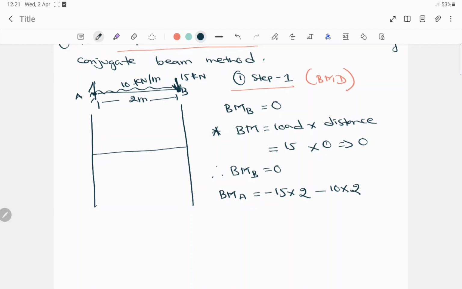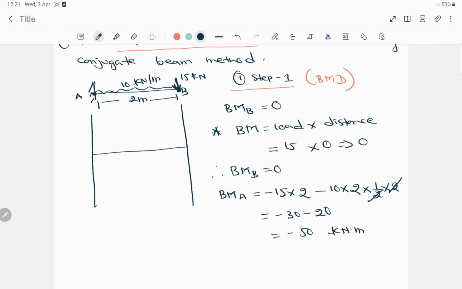In case of the UDL, we have to convert it into a point load, so we multiply by half into L, where L is 2. Just simplify it, this 2 and this 2 will get cancelled. Minus 15 into 2 is minus 30, minus 20. So the answer will be minus 50 kilonewton meter.